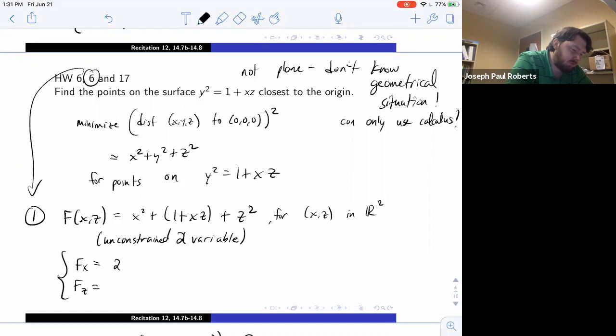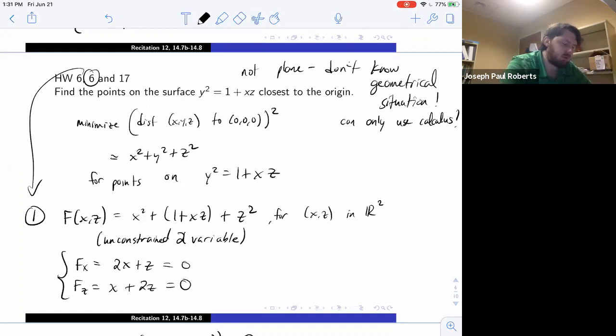So I get 2x plus z, and then x plus 2z. You go through and solve that z is negative 2x, and then substituting in, you get negative 5x equals 0.